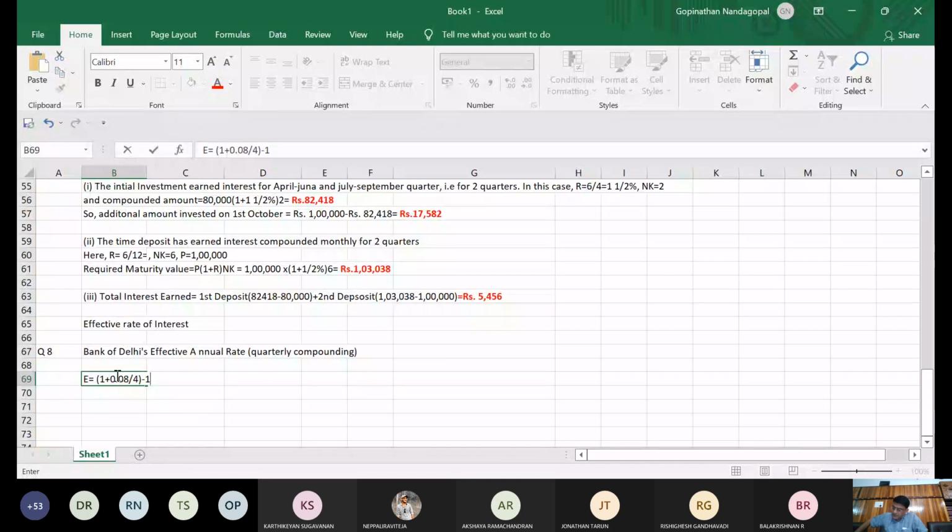How much do you get for this? The power 4 should also be there, sir. Yes, power 4, sorry. Power 4 minus 1. Balakrishnan, the power is not working for me. What should we do?